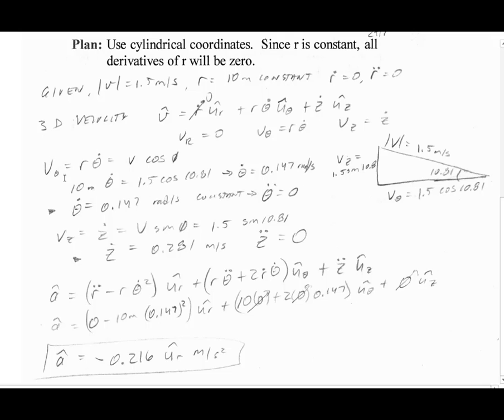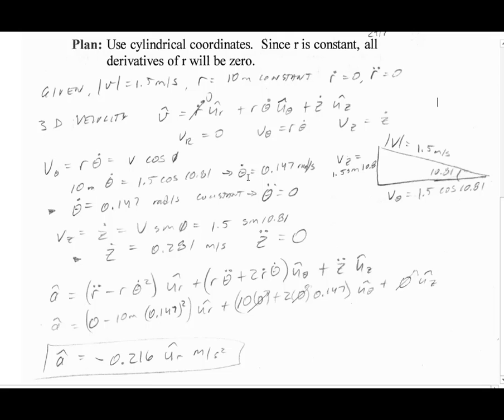But in this problem, our v in the theta direction is this velocity times cosine of phi, and that equals our r omega. Our radius is 10 meters. Omega equals 1.5 cosine of 10.81 divided by 10.